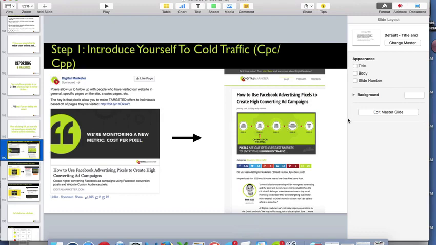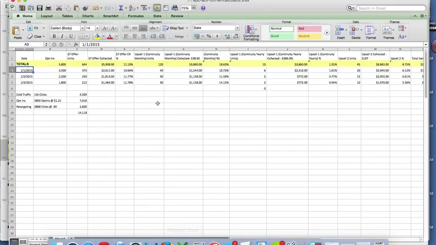So 15,000 clicks resulted in about 10,000 people actually being pixeled, because a lot of people will have their browsers blocked, etc. Some people just won't be able to pixel because of something with their computer. But we sent 15,000 clicks at 30 cents a piece. So let me go ahead and put this in here. So that was $4,500, right?